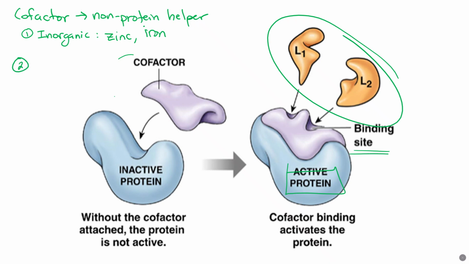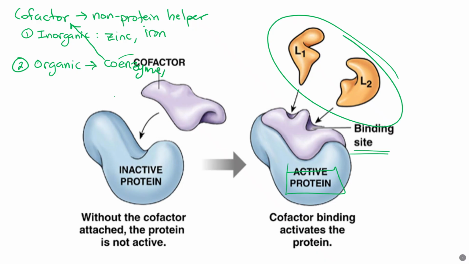The second type would be organic cofactors, and organic cofactors are special because they have a special name. They're called coenzymes. They work the same as these cofactors, being a requirement, binding to the enzyme, and then once bound, it exposes some active site for the substrates to bind to so that it can change into the products.